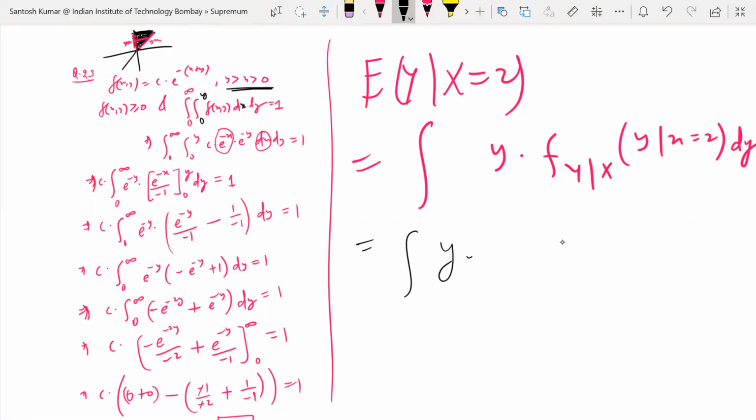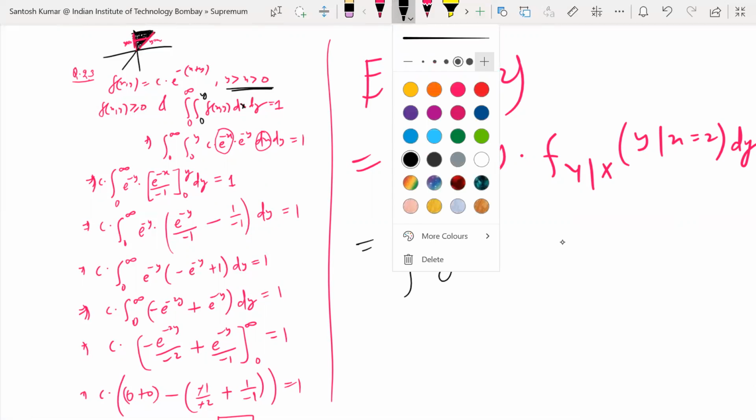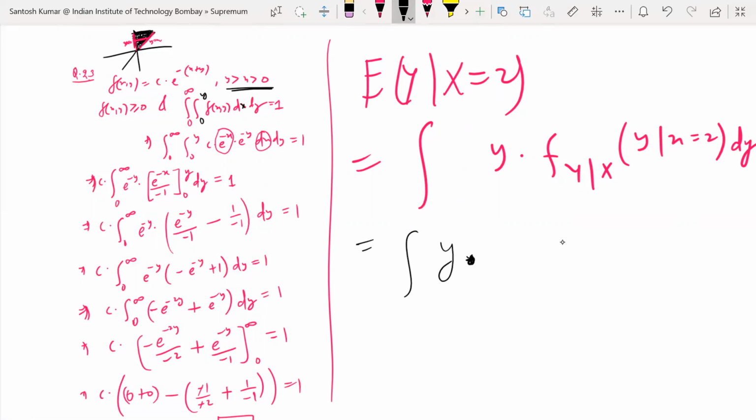So the integral of y times f(x,y) upon f(x), where we put x = 2, f(x,y) when x is 2, upon f_X(x) when x is 2.